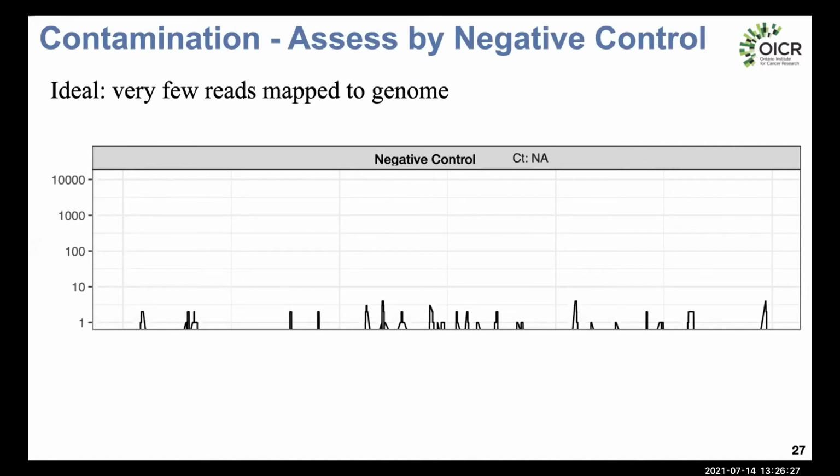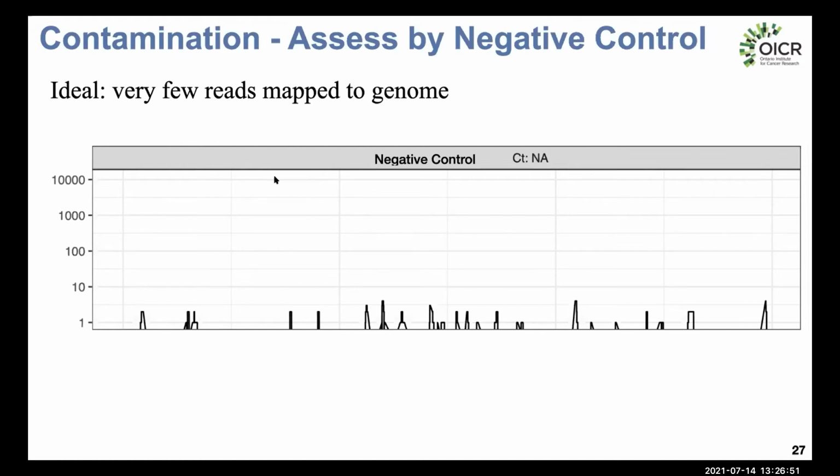And in our tool package, ncov-tools, samples can be flagged as negative controls, and their coverage profiles will be specially checked to make sure that there are no reads that may indicate viral material or contaminating amplicons within that sample. So here is what a very good negative control looks like.